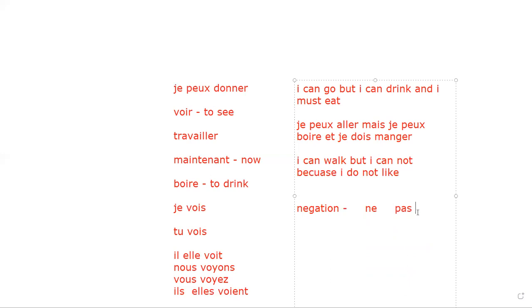Clear? One thing to understand: you have to insert a verb between ne and pas. That's a rule. In case of negation, negation is my ne and pas, but my verb would be inserted between ne and pas. For example, if I say I can go, repeat after me: je peux aller.